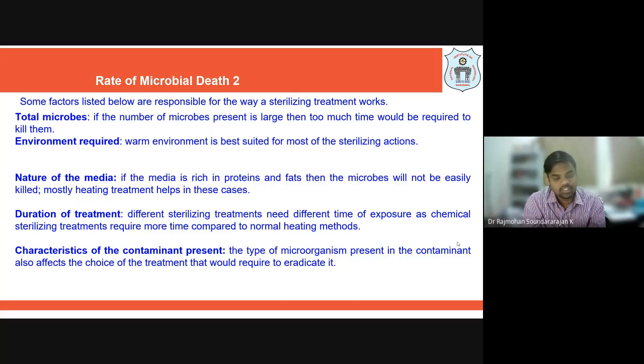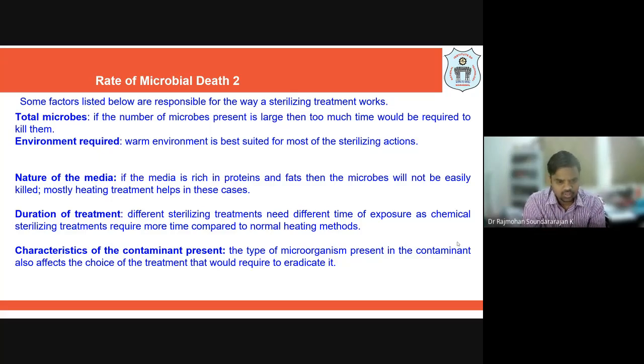That is also a big challenge we should know to kill it. Depending upon the nature of the contaminant, it may need a particular choice of sterilization treatment. So we have to choose a sterilization treatment based on the type of contamination and the characteristics of the contaminant microorganism that is present.